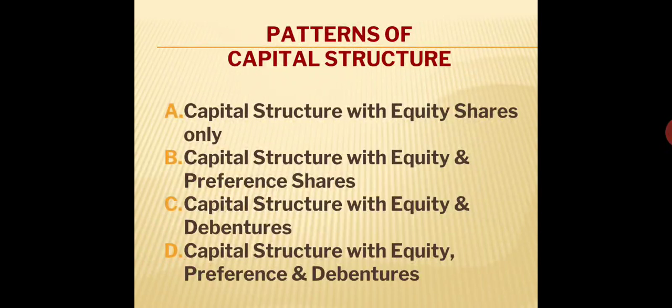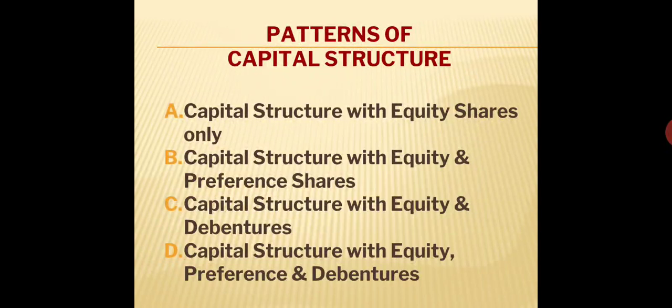And the last disadvantage is that equity shareholders are not able to get the maximum benefit where preference shares and debentures are there, because if the earning goes up, then the debenture holders get interest on a proper basis, and preference shareholders also demand a higher rate of dividend.